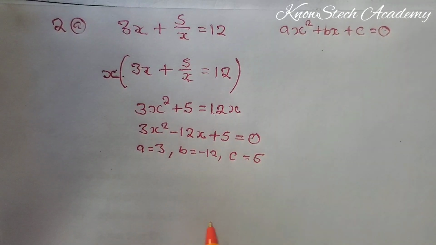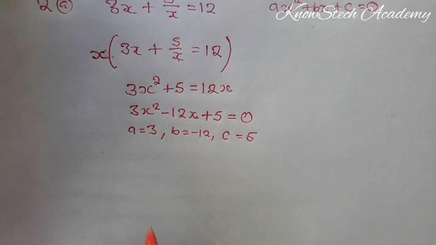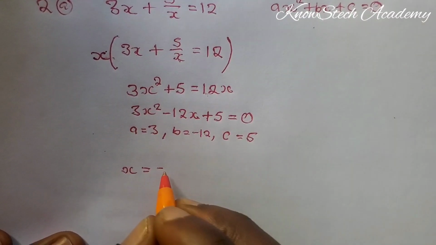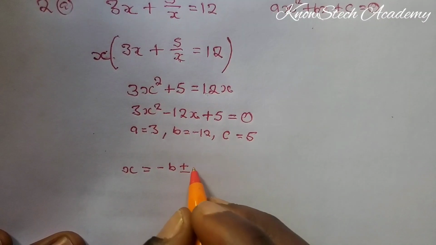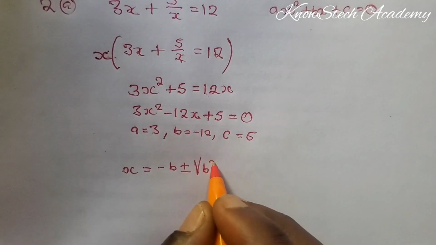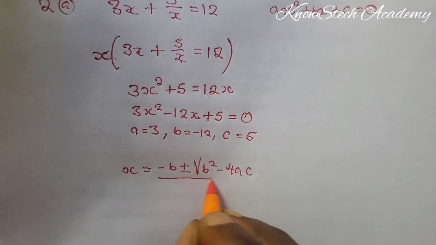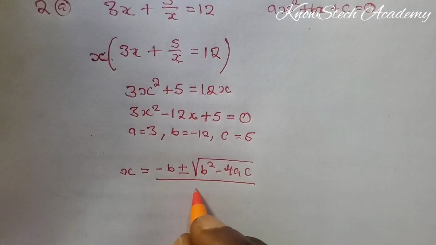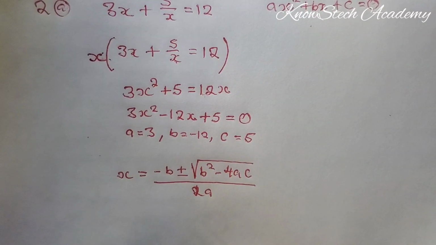Then the formula is x equals negative b plus or minus the square root of b squared minus 4ac, over 2a. So that is the formula.